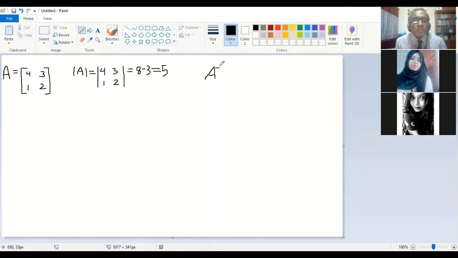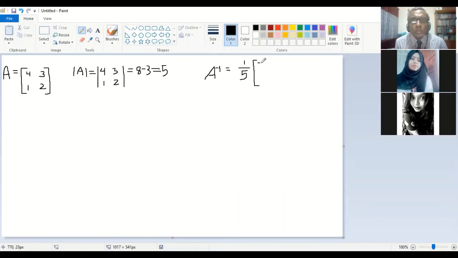And what is the inverse technique? You will do 1 divided by the determinant value, here it is 5. So I am writing 1 by 5, and then rearrange the matrix. What is the rearrangement in this case?